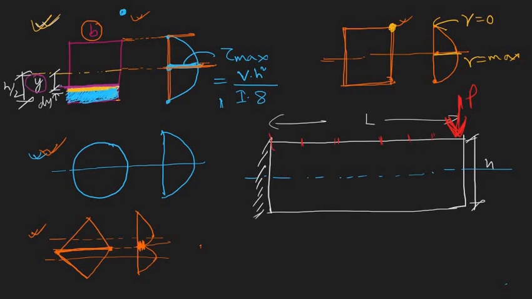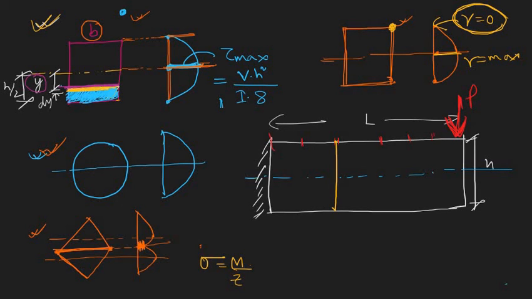Initially, let's say you have drawn a plane. This is the plane. As per our assumption that plane sections remain plane, based on this assumption we have derived the equation of stress due to bending moment. Got it? M by Z. But here you can see that the shear strain at this edge is 0.